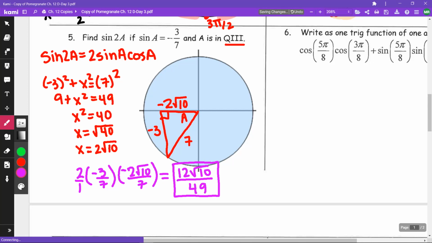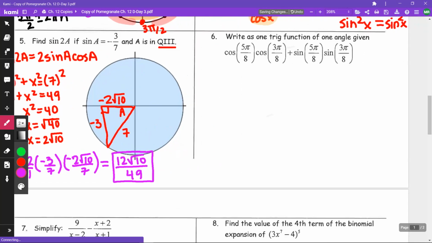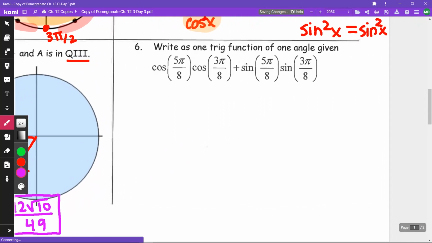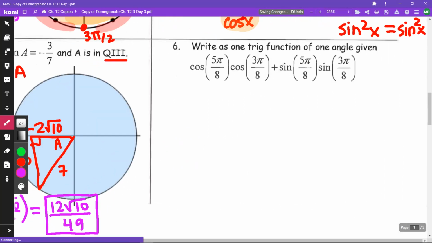For number 6, we are asked to write this in terms of a single angle. So when we have a situation where we have cosine of an angle times cosine of an angle, and then sine of an angle times sine of an angle, that is going to be one of our cosine sums or differences.